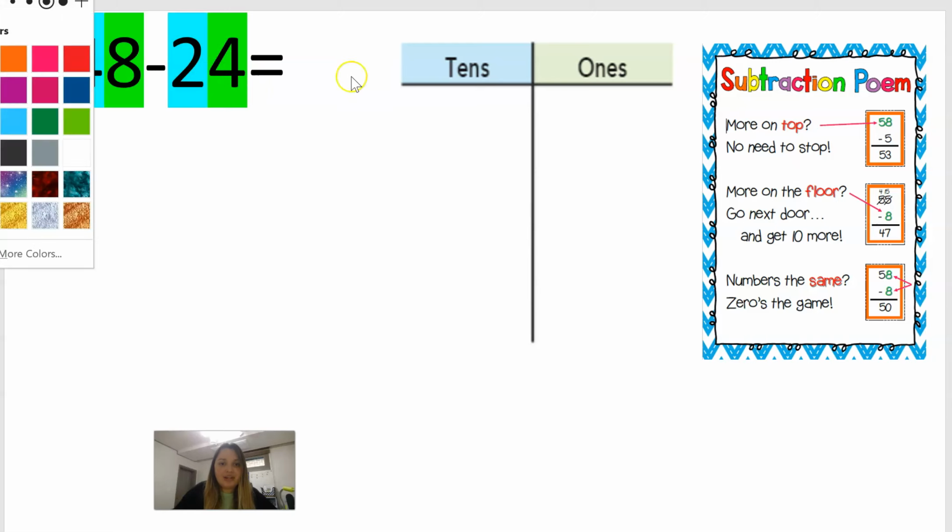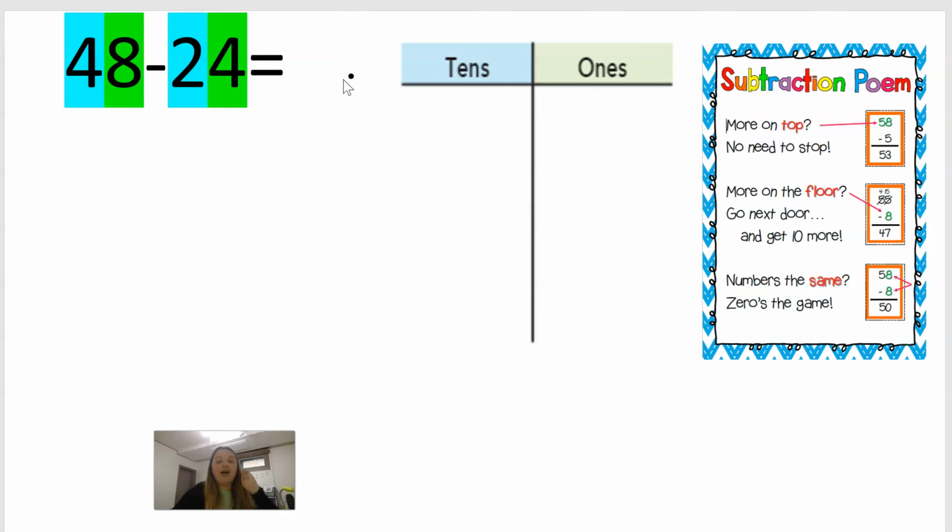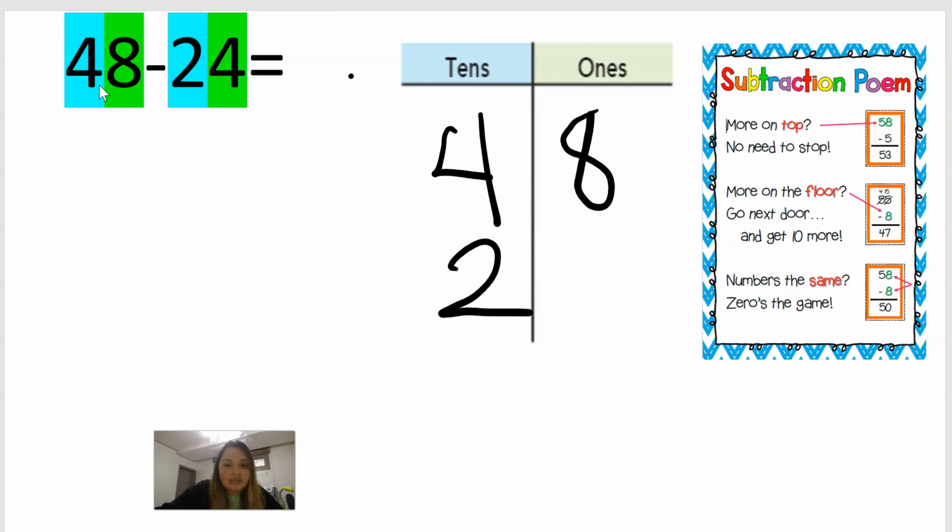The most important thing that you need to know every time you're subtracting is that you always need to subtract your ones from your ones and your tens from your tens. Okay, so here we have 48 minus 24. 48 has 4 tens and 8 ones, and 24 has 2 tens and 4 ones.